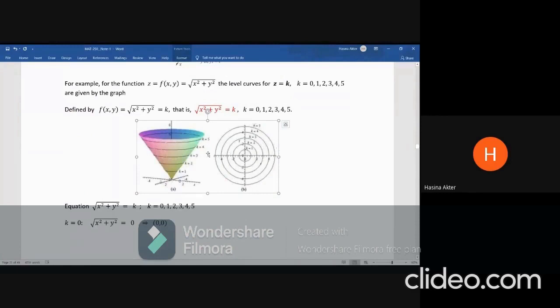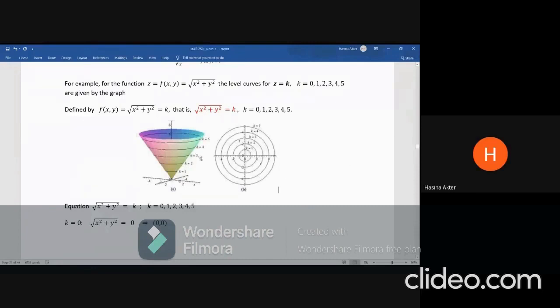I said revolve the V around the z-axis, and we did it, and we found the cone, right? Did I give you more details than this? I didn't, and you trusted me. So now I have the proof that I didn't lie to you.